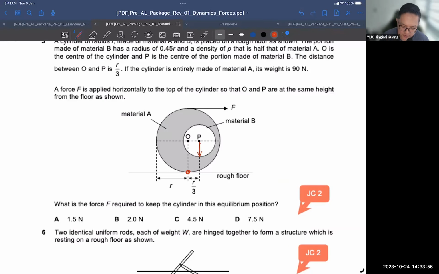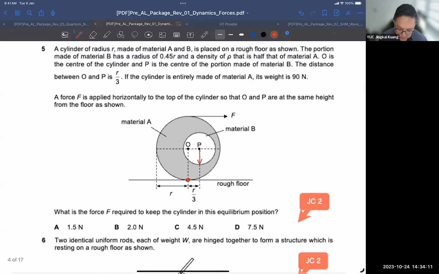I don't know how to start this one, sir. If I take the moment due to the center one here, 0.45 R. Wow, this is a lot of steps, I realize.